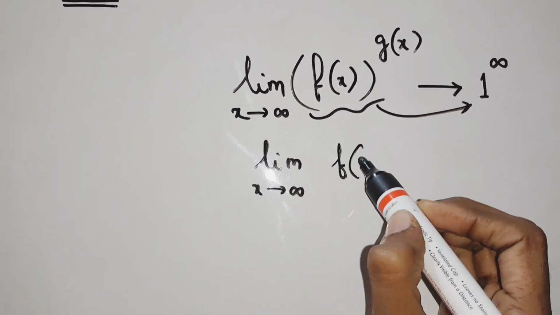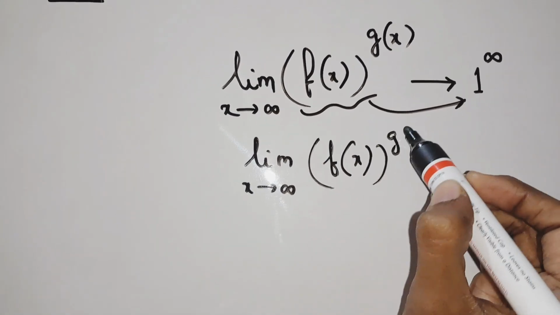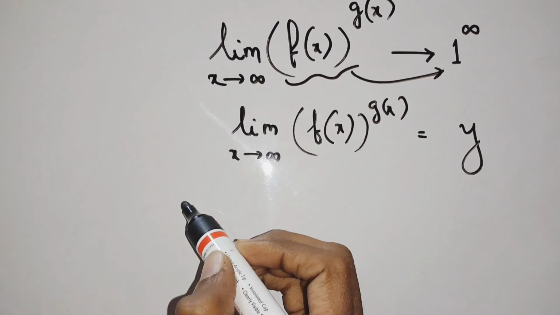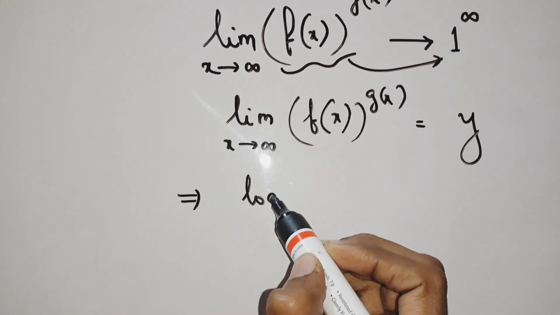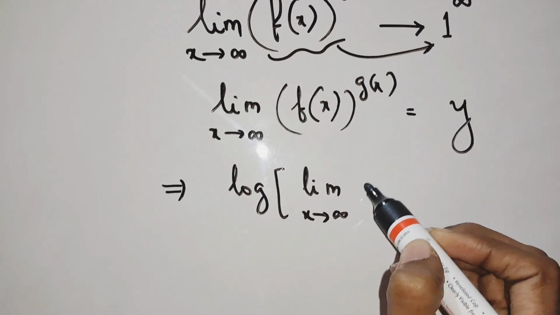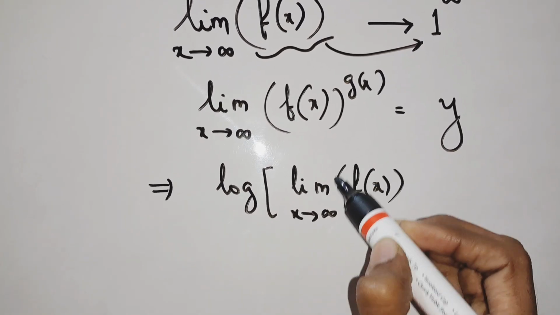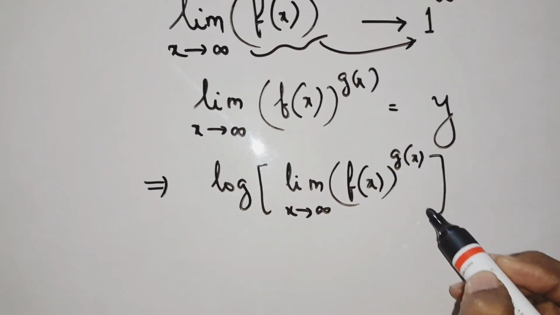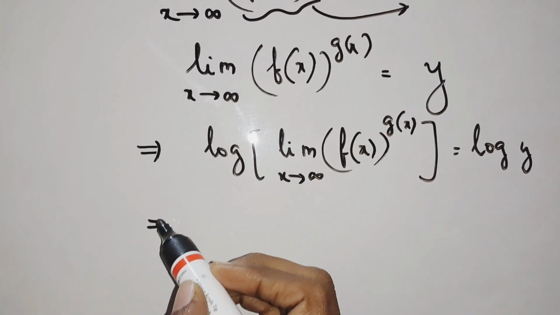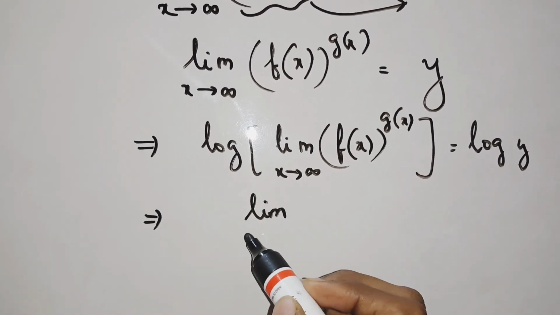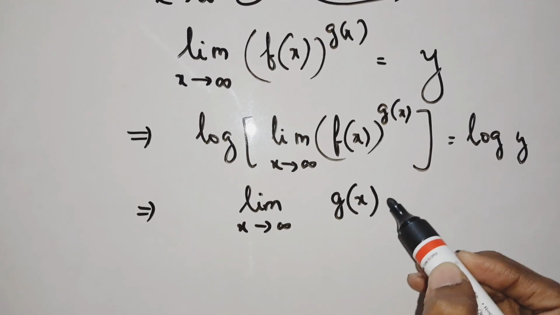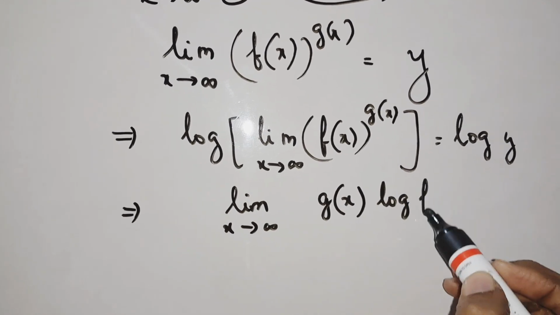We can take this as some y and then take the logarithm on both sides: log y equals the limit of log of f of x to the power g of x, and then taking the limit outside, this will become g of x log f of x.